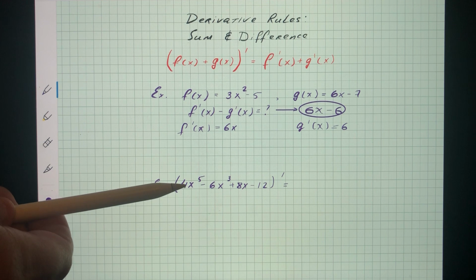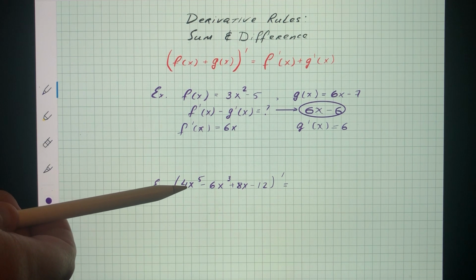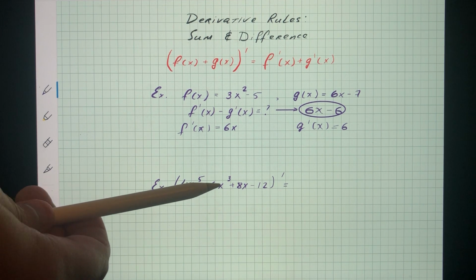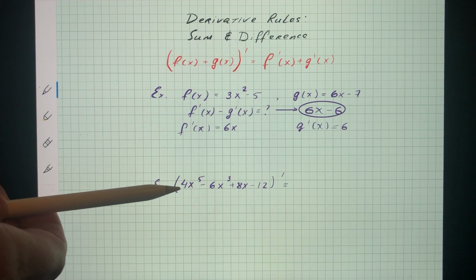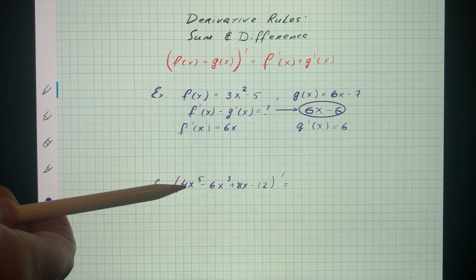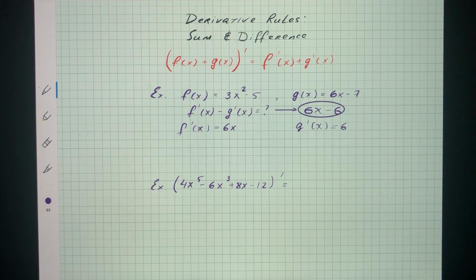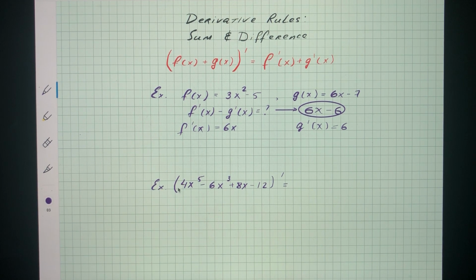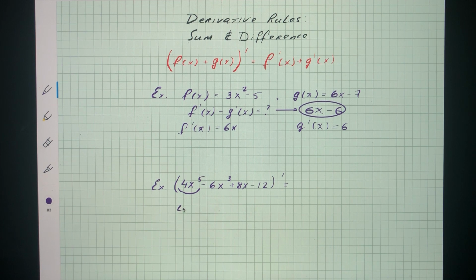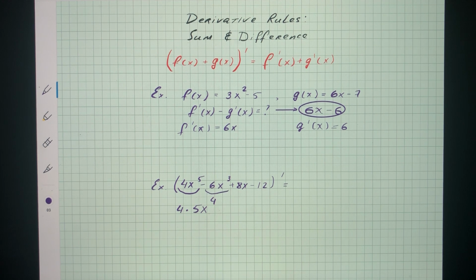So we ask ourselves, all right, I'm subtracting, I have 4 different functions in essence. How do I take the derivative of 4x to the 5? Well, that is our power rule, and the derivative of 4x to the 5 is 4 times 5x to the 4. Now, what is the derivative of -6x to the 3rd?